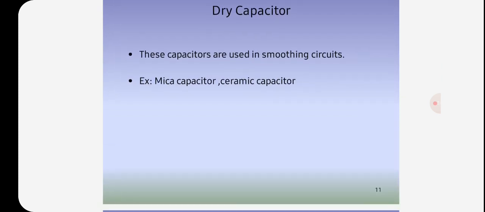These dry type capacitors are used in smoothing circuits. Example: mica capacitors or ceramic capacitors.